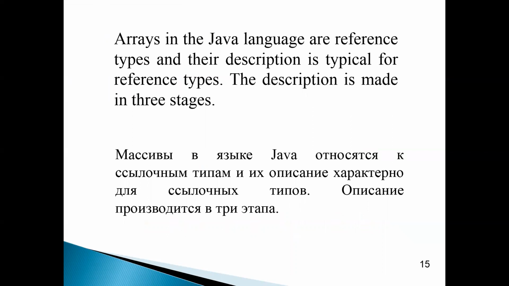Arrays in the Java language are reference types, and their description is typical for reference types. The description is made in three stages.